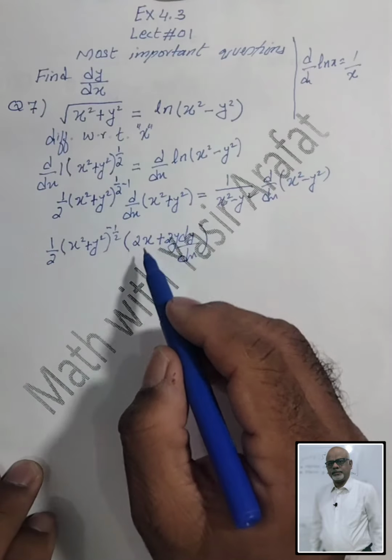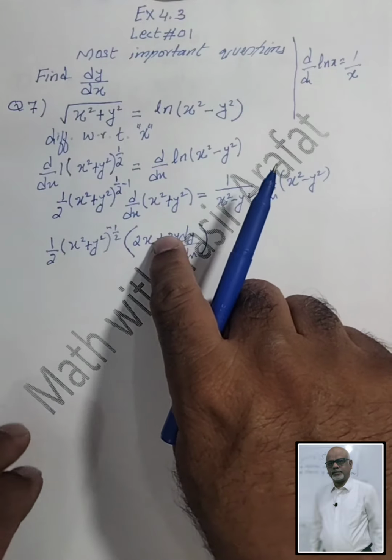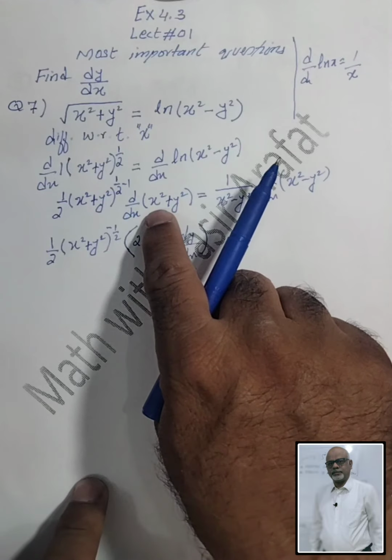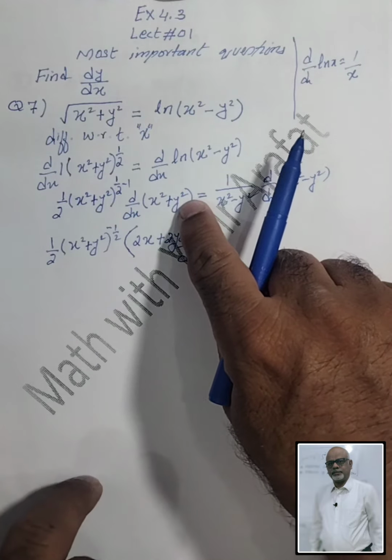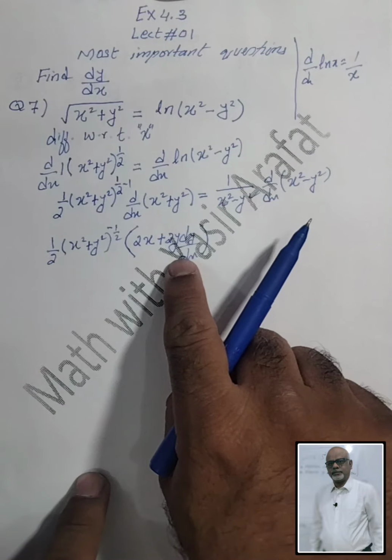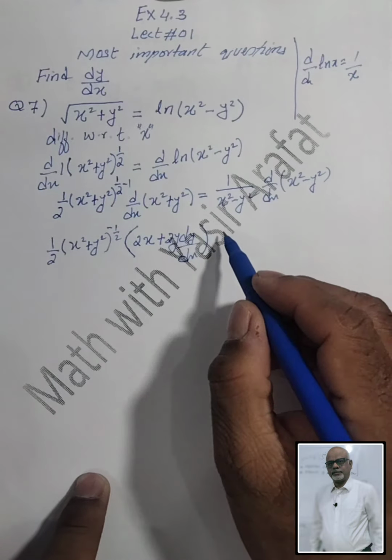Because the derivative of x is 1, there is no need to find the derivative of x here. Now focus here, this is x square, so the derivative of x square is 2x. Now focus on y square, so the derivative of y square will be 2y, and then the derivative of y will be equal to dy upon dx.